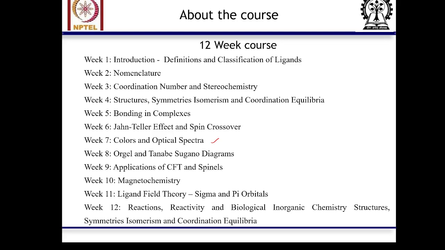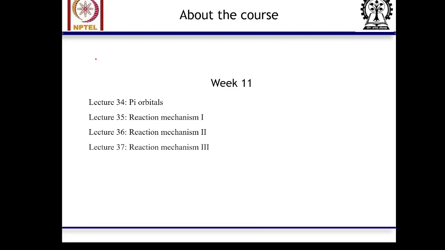In week 11, we are going to discuss pi orbitals, through which we will try to explain the spectrochemical series: why pi accepting ligands are strong field ligands, while pi donors are weak field ligands.